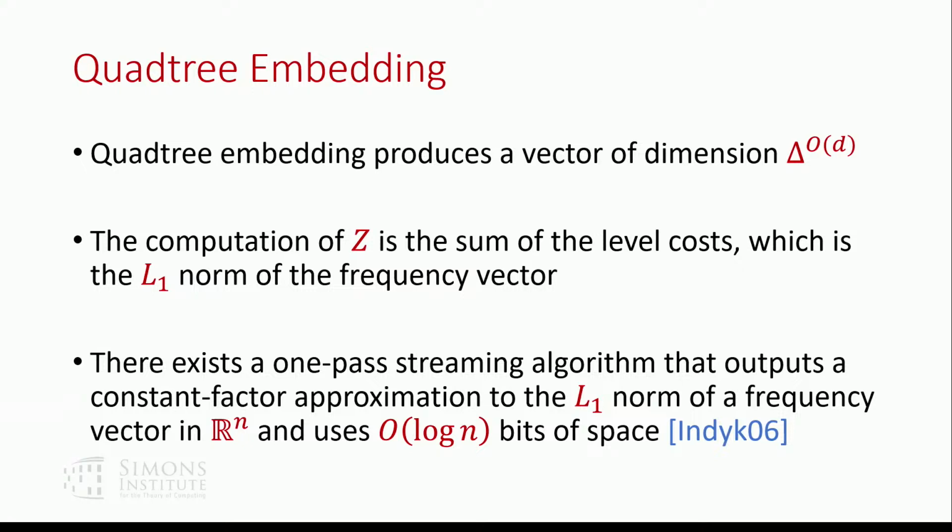And again, as I've already mentioned, this can be viewed as an L1 of the frequency vector. There exist streaming algorithms that allow you to approximate the L1 of the frequency vector, and it uses log space. So log here will be d log delta for us. We don't care about the log delta because it goes into the words.